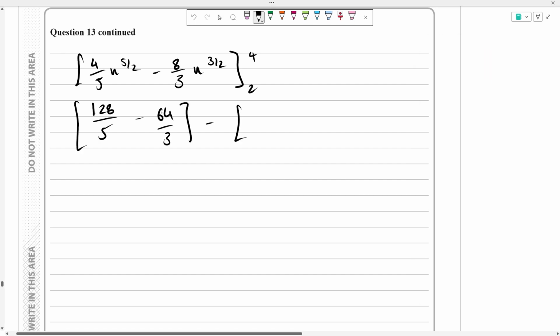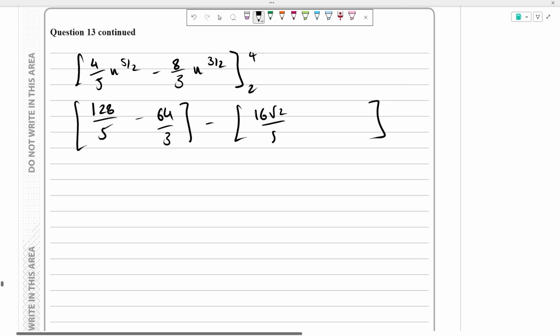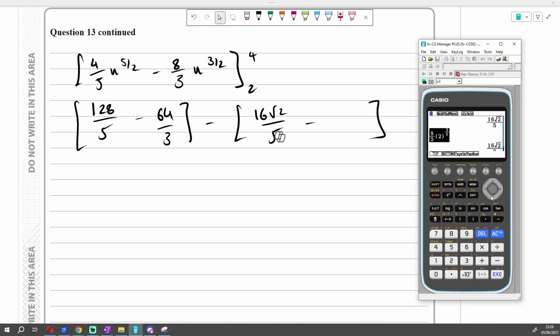And then we're going to do the same thing with 2. I'm going to change the bottom one as well, and you can see this is a lot quicker. The top one will be 16 root 2 over 5. The bottom, the 2 one, will also be 16 root 2.